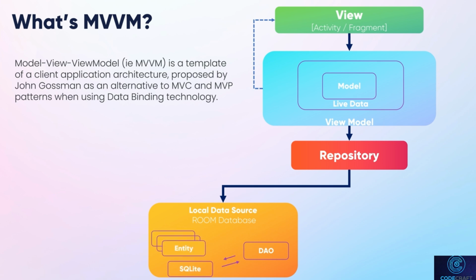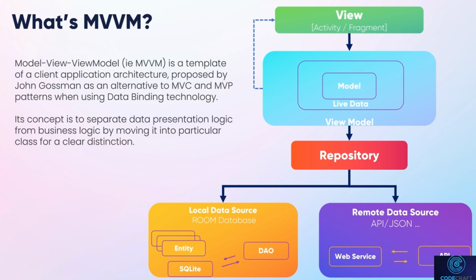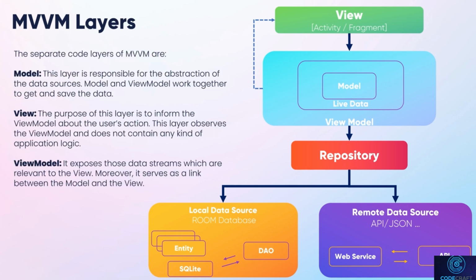It is designed to separate an application into three distinct components, each with its specific responsibilities: model, view, and view model. Its concept is to separate data presentation logic from business logic by moving it into a particular class for a clear distinction. Let's dive into these components of the MVVM and let's see the layers.